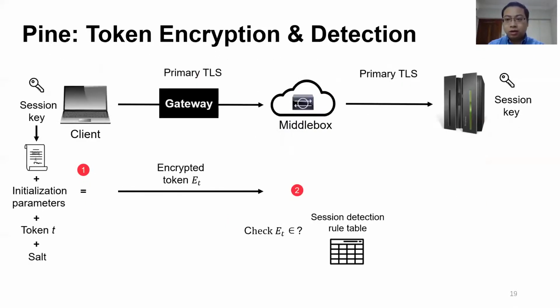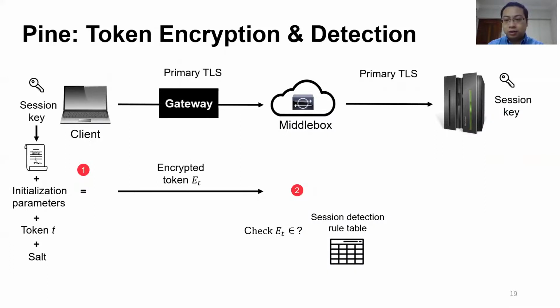During the token encryption phase, the original traffic is sent through the TLS. Similar to BlindBox and PrivDPI, we adopt a window sliding-based tokenization approach as shown in the previous slide. After the tokenization step, a client obtains a set of tokens corresponding to the payload.